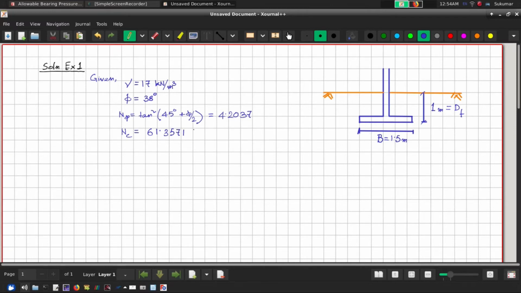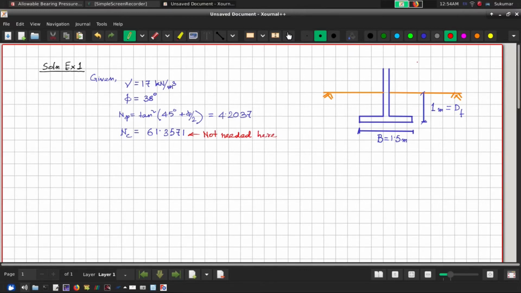In fact, since the soil is cohesionless, this Nc will never be used, and therefore I don't even need to calculate the value of Nc. Okay, so I write a note that this is not needed here for this problem.